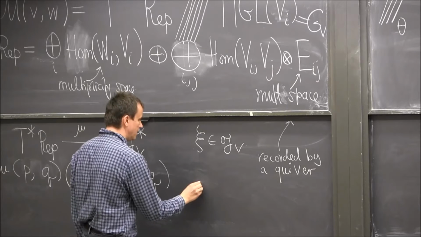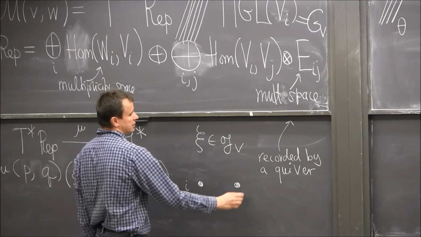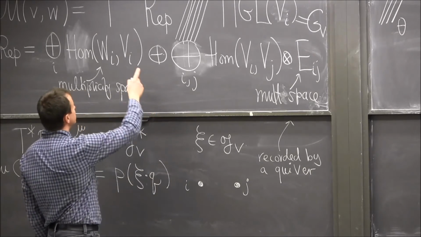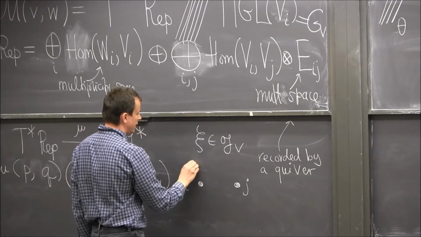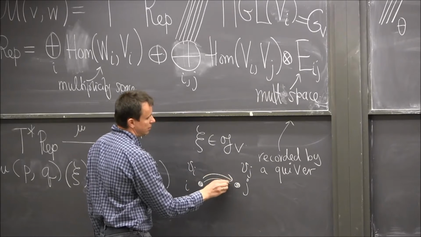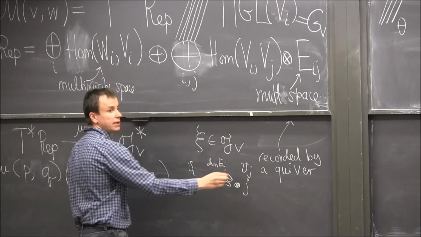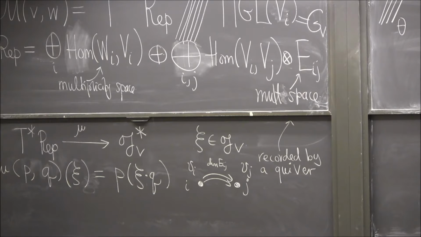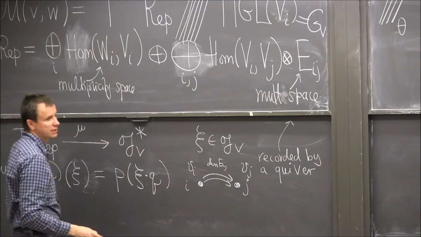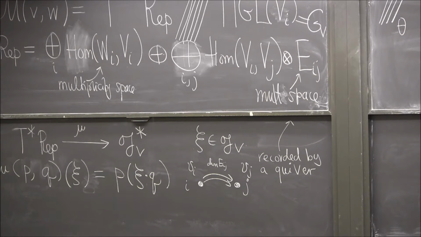If you have two nodes of a quiver, corresponding to some i and j, you put V_i next to one and V_j next to the other, and you draw arrows for the dimension of the multiplicity space between them. And then to remember the multiplicity of the defining representation, it's convenient to add a little pendant to every vertex of this quiver.